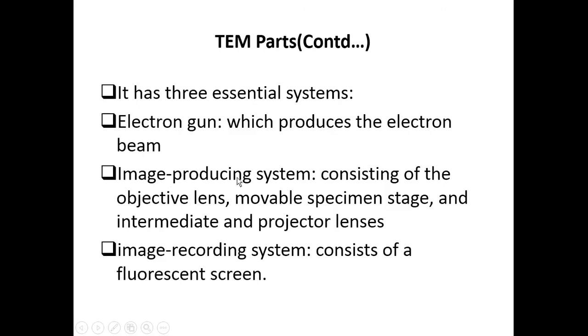Okay. The image producing system, that is the second one. What is the image producing system? It consists of the objective lens, a movable specimen stage, that is, a specimen holder which can be moved with reference to the beam direction, so that an operator can move it to facilitate the correct position of the specimen.